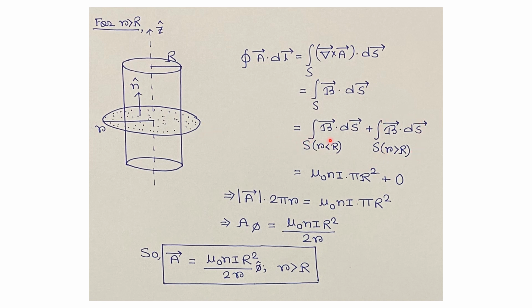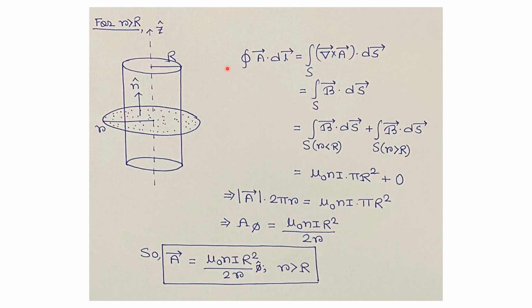For inside, the B vector is constant, that is mu naught N I, and the surface area will be pi capital R square. So this first part will be mu naught N I pi capital R square. But for the second part, the B vector is 0, because outside the solenoid the magnetic field is 0. So eventually this second integral will give us 0.